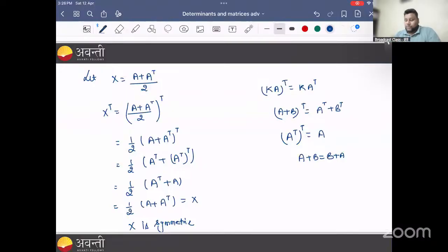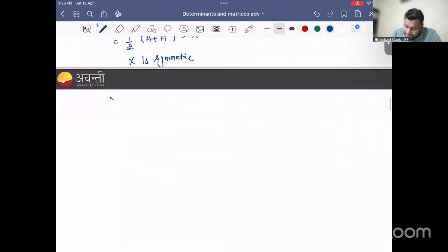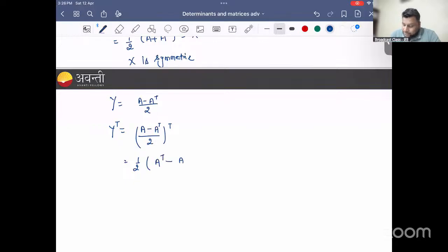Now, say you want to show A minus A transpose by 2 is skew symmetric. Let us assume Y is A minus A transpose by 2. Then Y transpose is what? Transpose of A minus A transpose by 2: half came outside, it is A transpose minus A transpose transpose.